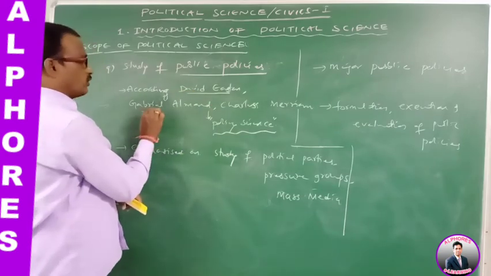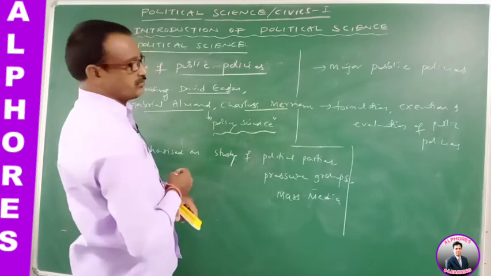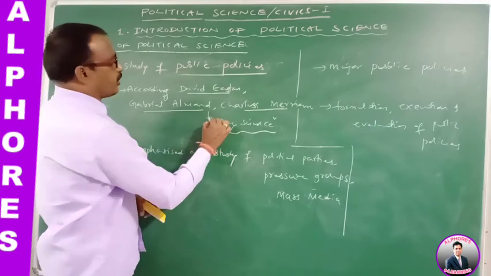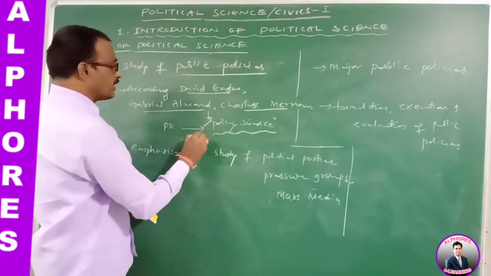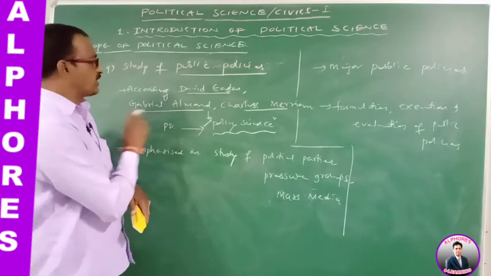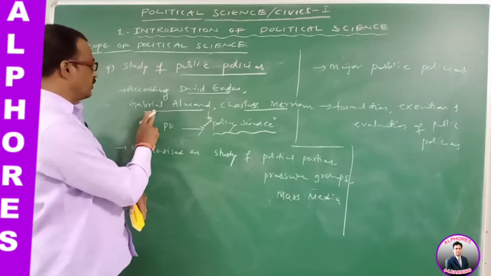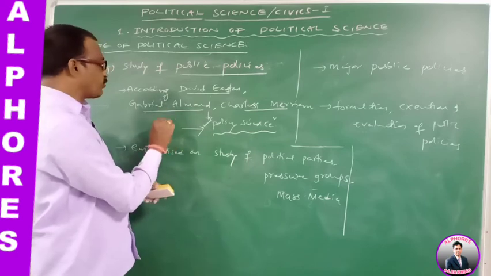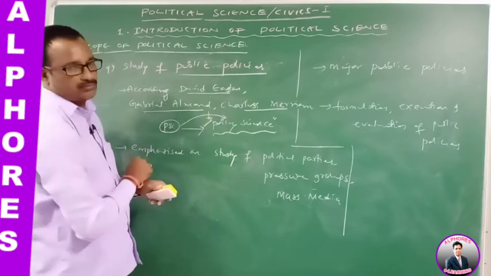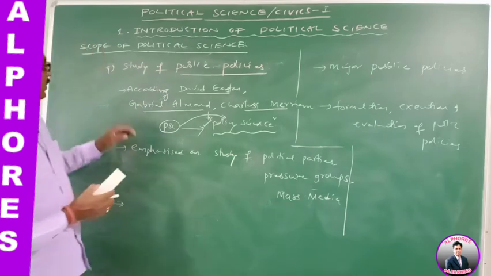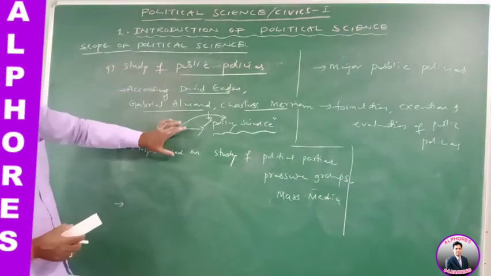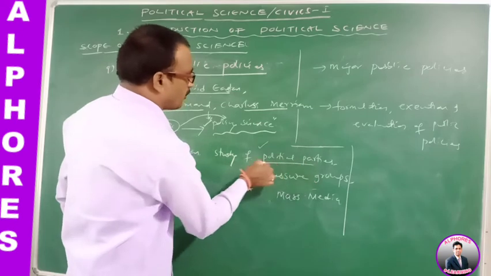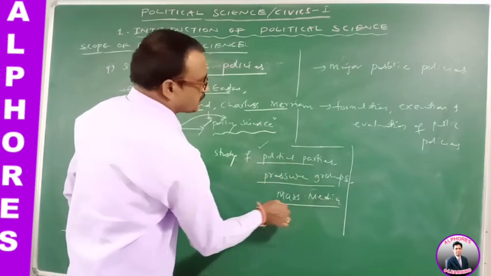David Easton, Gabriel Almond, Charles Merriam: like this, political philosophers said that political science is a policy science. Who said that? David Easton, Gabriel Almond, Charles Merriam considered political science a policy science. Then these writers emphasized the study of various associations like political parties, pressure groups, mass media.